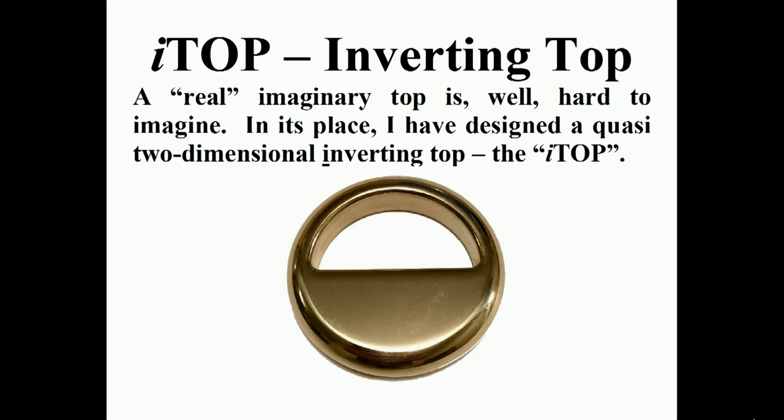But in its place, I designed something else, which is a quasi two-dimensional inverting top. So I switched the I from imaginary to inverting. This object, which you can see over here, but I'll spin it in a moment, if you spin it with the heavy side down, it turns upside down and spins in the opposite direction.